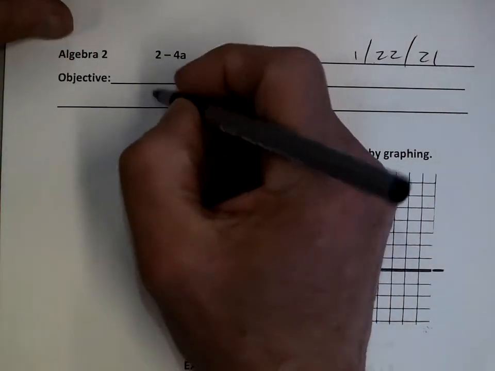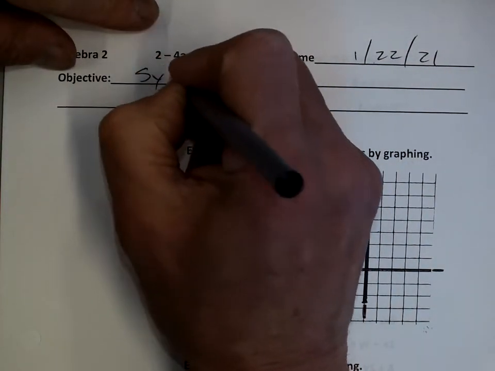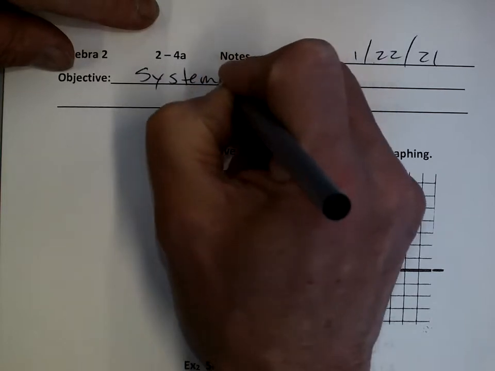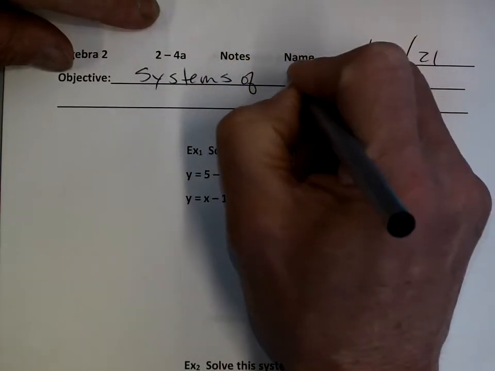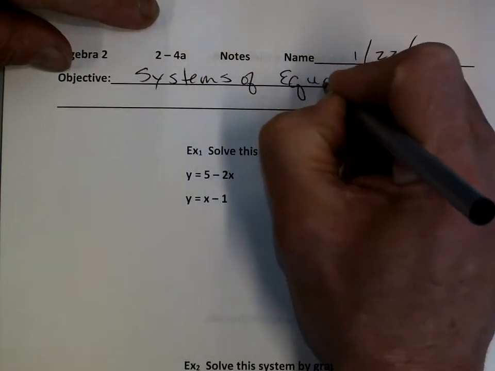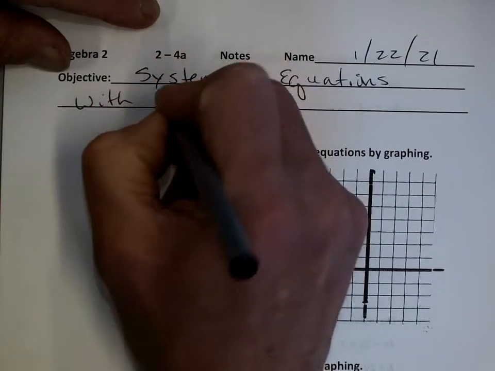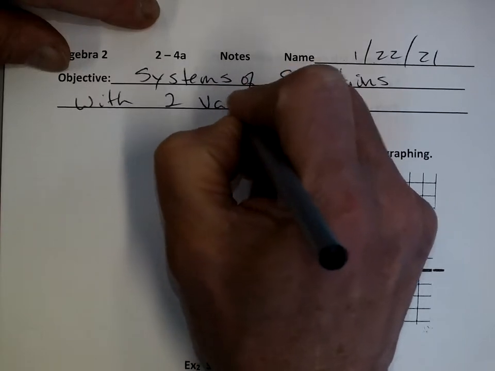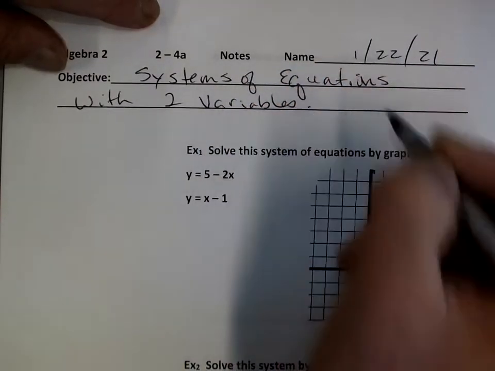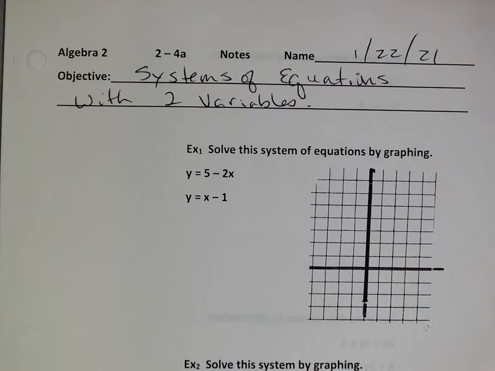So today what we're going to talk about is systems of equations with two variables. Okay? So kind of a fancy word. And I like to use the math word so that if you ever see it in a math book and I'm not around, you'll know what it means.